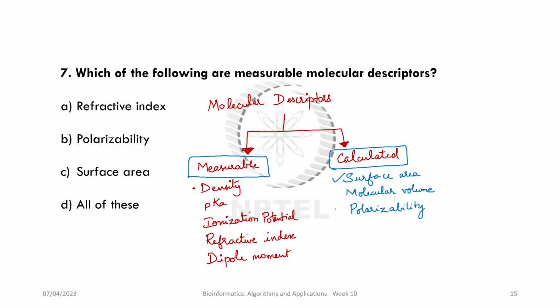So you have surface area and polarizability here, which are part of calculated. You have refractive index, which is measurable, and it's not all of the above. You also have molar refractivity and so on.